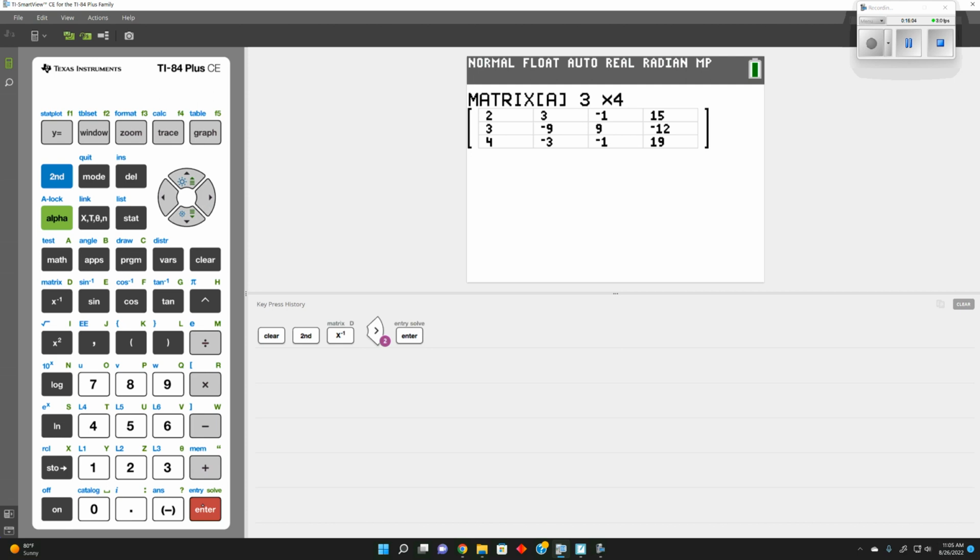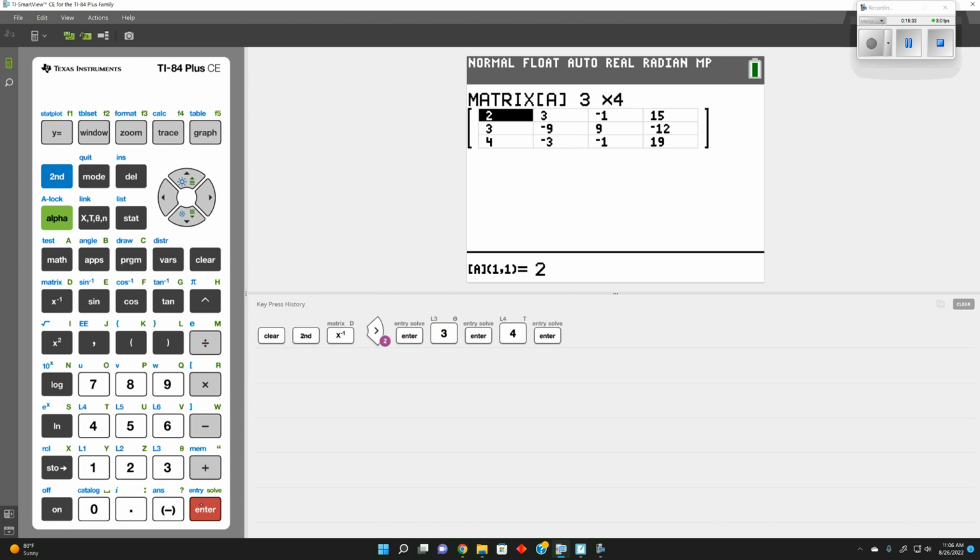Now, it might not have the same dimensions or same size. These calculators won't show the whole thing, but it will let you access every cell, every one of the elements. Now, the matrix that we're working with right now is a 3 by 4, yes? So at the top, it should say matrix A, 3 by 4. And we're going to enter that augmented matrix into this here.